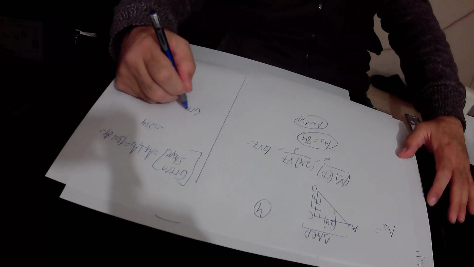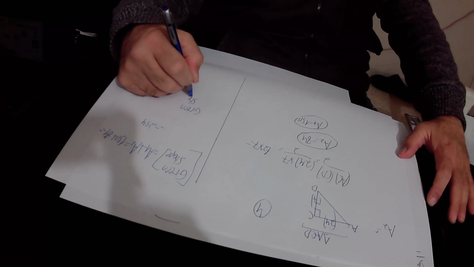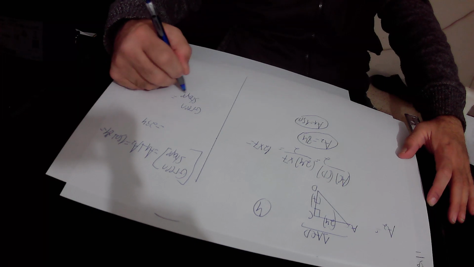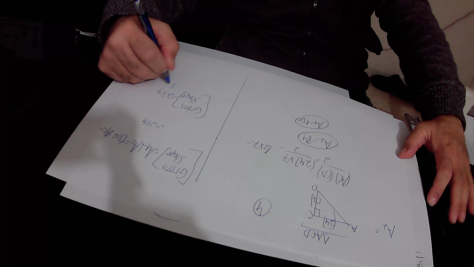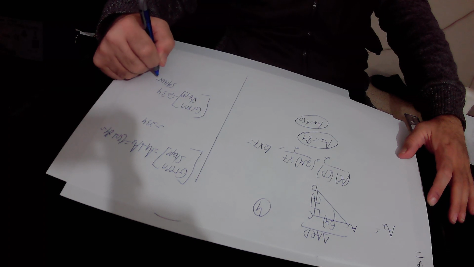So the area of the green shape, in total, is equal to 234 square units.